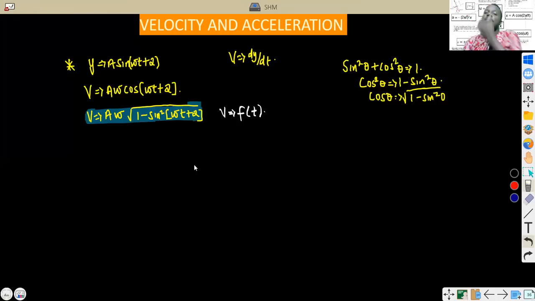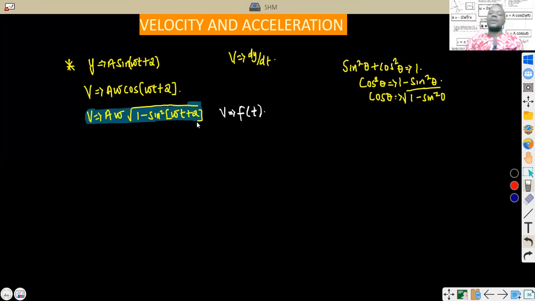If an examiner is giving you a question that is related to time, like he's writing an equation with a time function, that means you can see that time is here. For example, calculate the velocity of a body that starts from an initial phase of pi by 2 and has an angular velocity. You understand? This is the equation you are going to use.